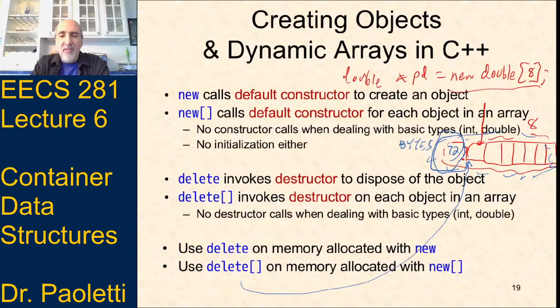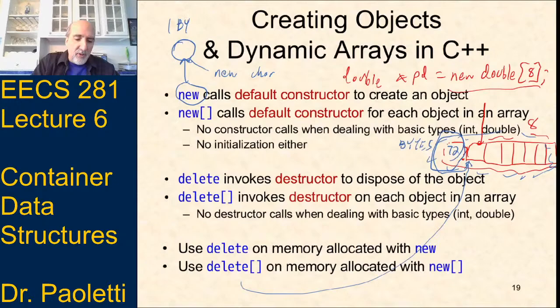So if we know all of that, why are there 2 versions of delete? Why not just have one version of delete that figures it out? Because of the size. When I do a new, it actually returns a pointer to the memory that's allocated. There's no size. There's no extra storage for the number of bytes. If I do a new char, I get a pointer that points to 1 byte of memory.